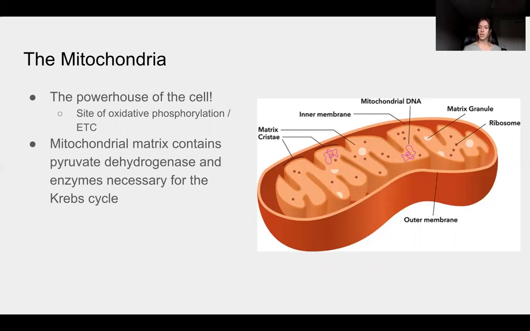I would encourage you to go check that out if you haven't watched already, to familiarize yourself with oxidative phosphorylation, the electron transport chain, and where we're producing all the ATP. The mitochondrial matrix also contains pyruvate dehydrogenase and the enzymes necessary for the Krebs cycle. Again, that's why we're producing all this ATP. This is all happening within the mitochondria.